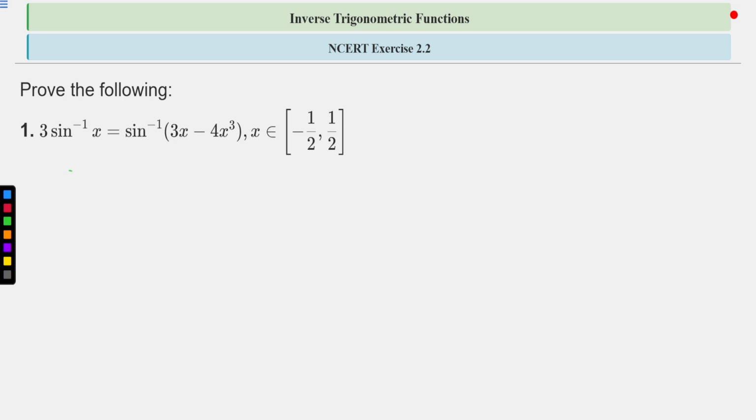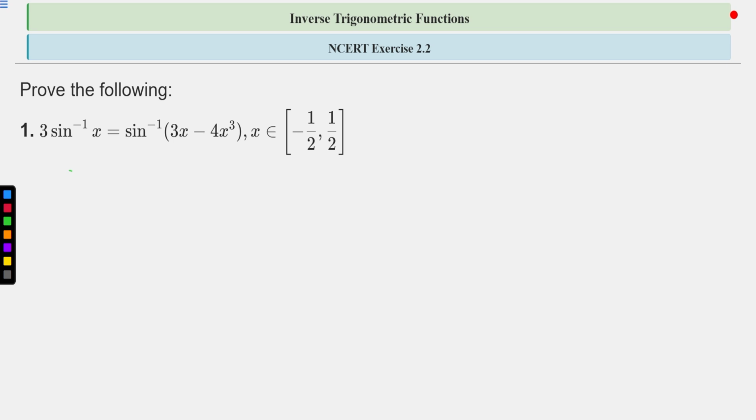So you can start answering. See, the hint of this question is you may take sine inverse x as theta, right?